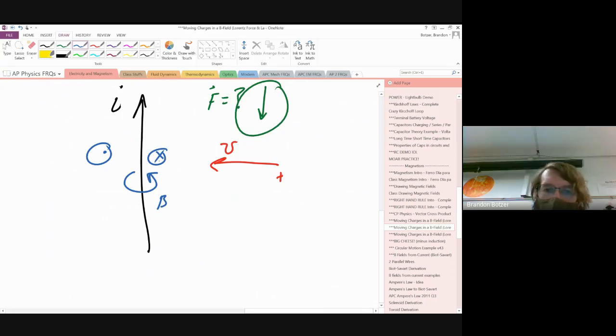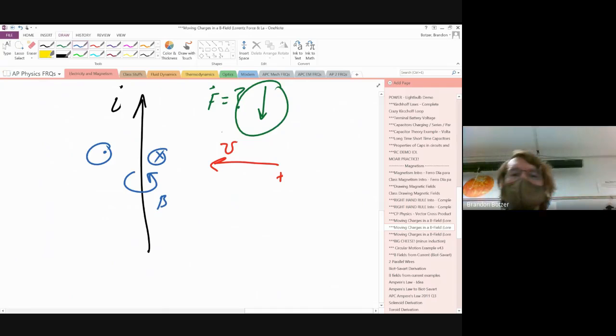So on this right-hand side in the plane of the board, this B field is going into the board right here. If the B field's going into the board here and the velocity is coming to the right, in order to find the force, I care about V cross B. So I go V cross B, and that gives me a thumb going down.